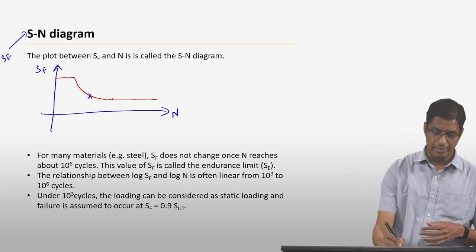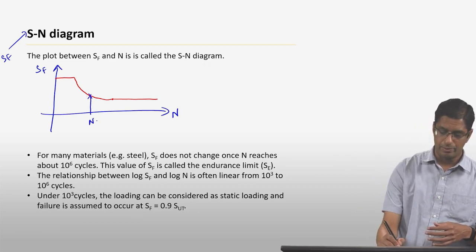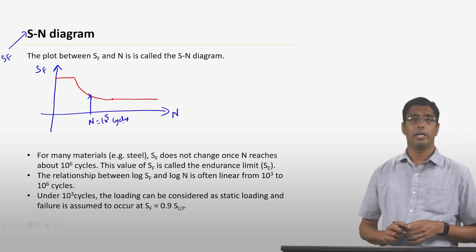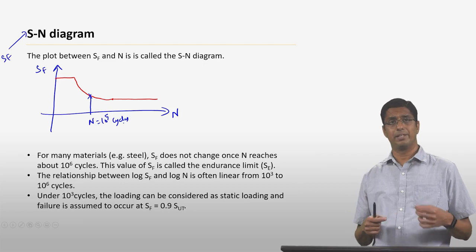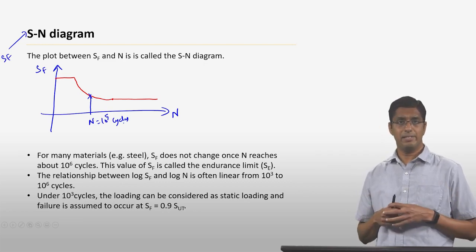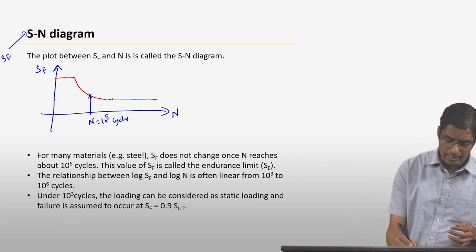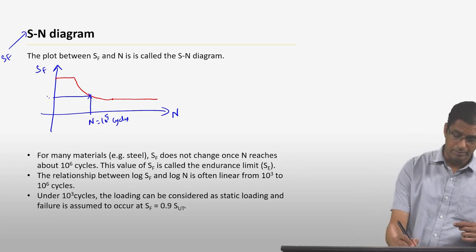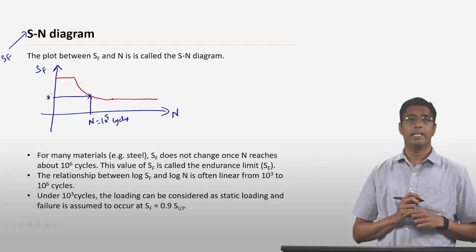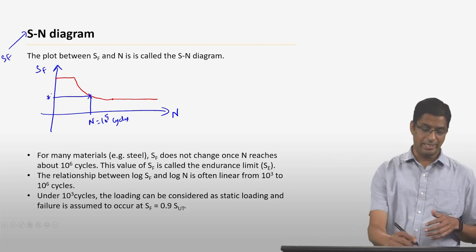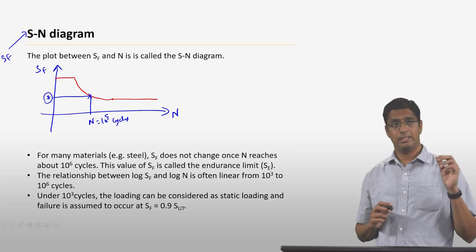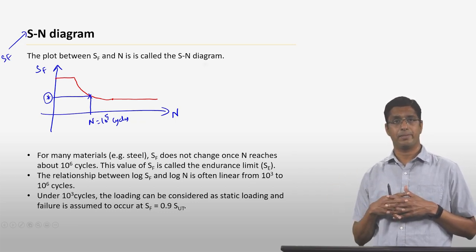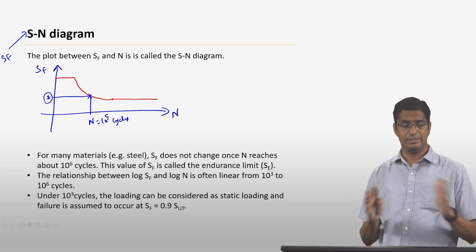So if you want to go to, say, N equal to 10 to the 5 cycles, for example, and you want the structure or this material to withstand 10 to the 5 cycles, then you want to make sure that the maximum stress that you apply on this material is below this value that I have indicated here, to make sure that the material does not fail due to fatigue within the 10 to the 5 cycles. Okay, so that is essentially the idea.